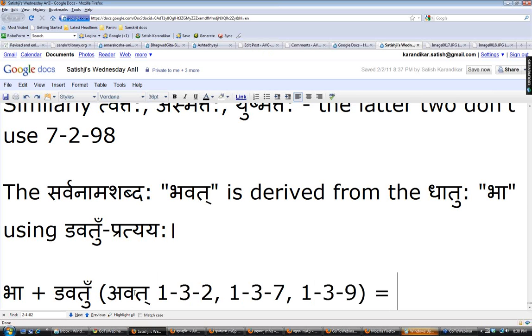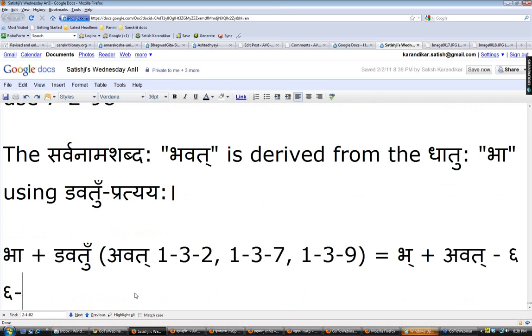So what happens is that Sutram Tehe, with the Vyakhyanam on that, we get the T lopaha. It becomes just Bha plus Avat. So T lopaha by 6-4-143, Vyakhyanam. I'll tell you why Vyakhyanam.